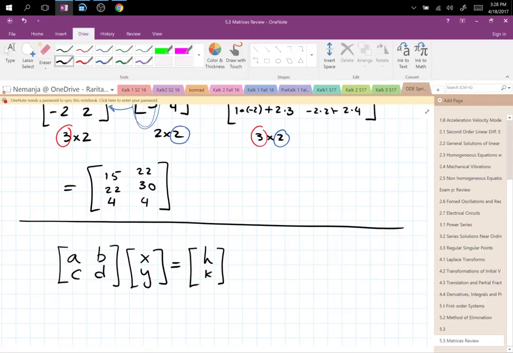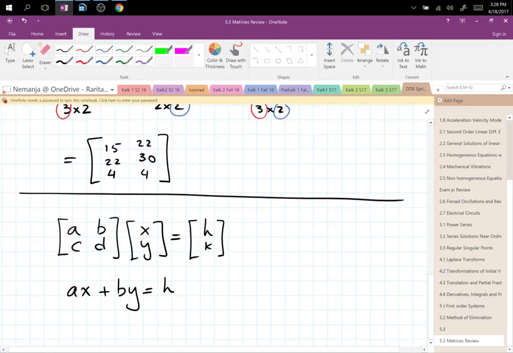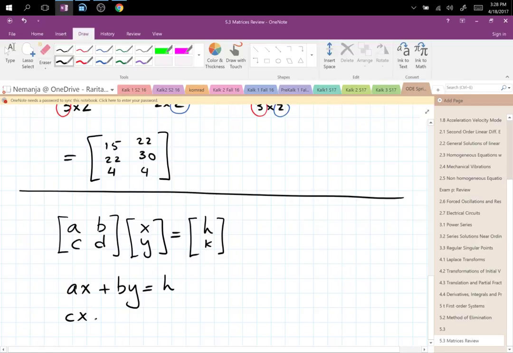Because when you impose this x and y to this row, you will get a times x plus b times y is equal to h, which is the top line. You do the same thing, cx plus dy is equal to k.